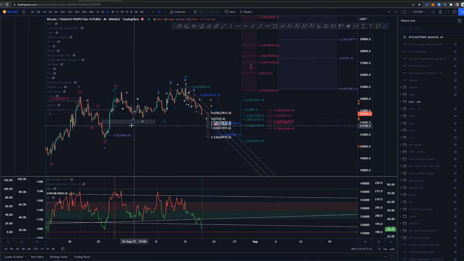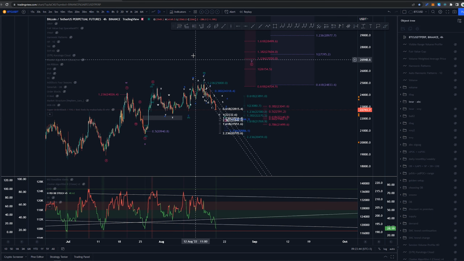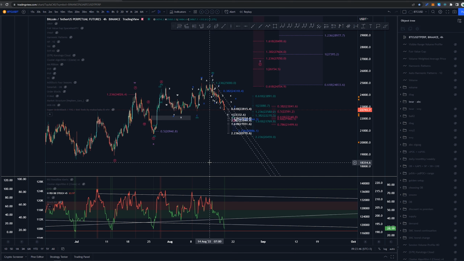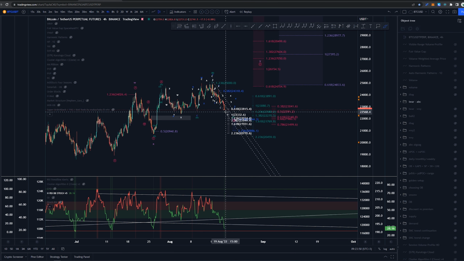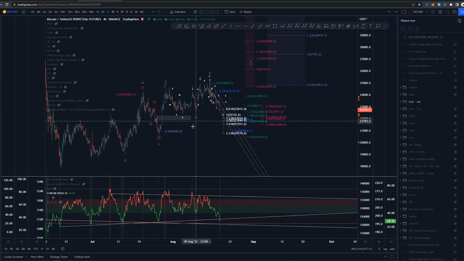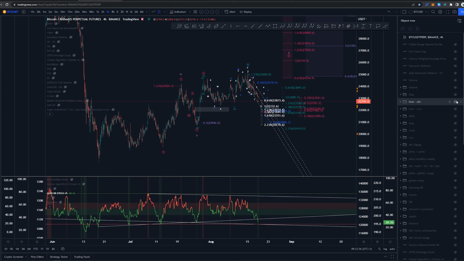Golden pocket would be coming back to this marked area here, also taking out the previous lows, and that would be very nice to see. Whether it's going to be part of this structure here or not, we'll see. Again, we have a couple of different ideas on this structure over here. One of them is this currently that I'm showing you, a bit more bearish, but we'll dig into those in a bit.